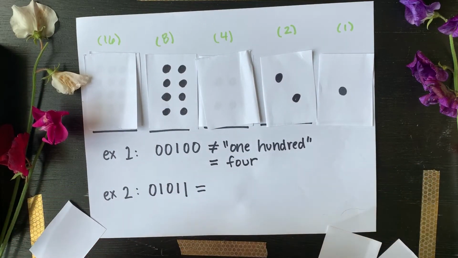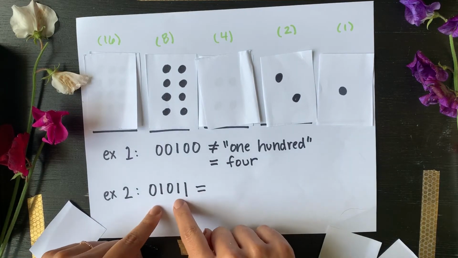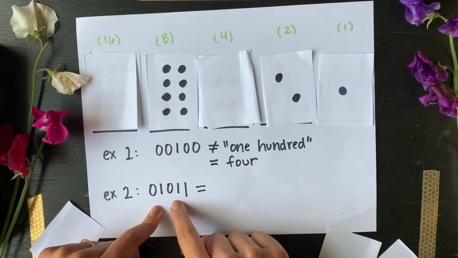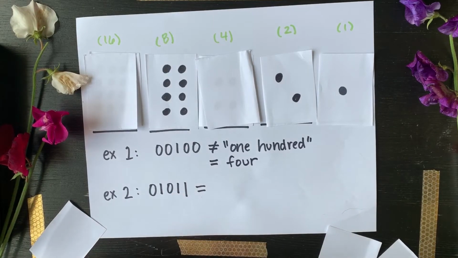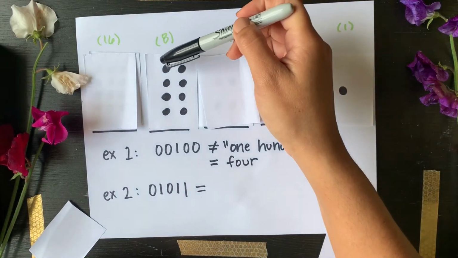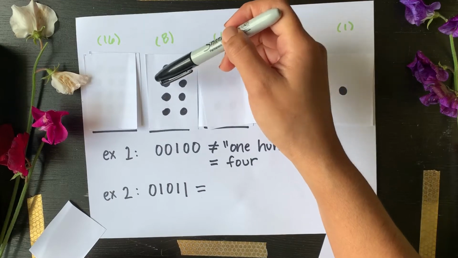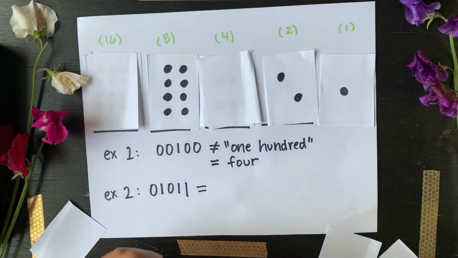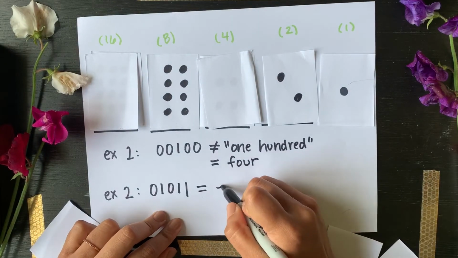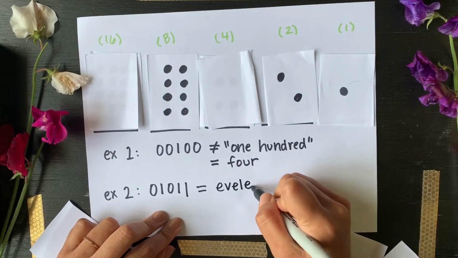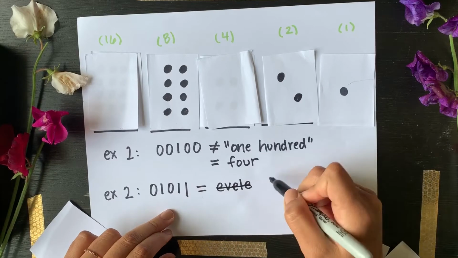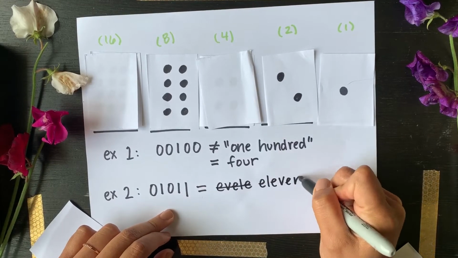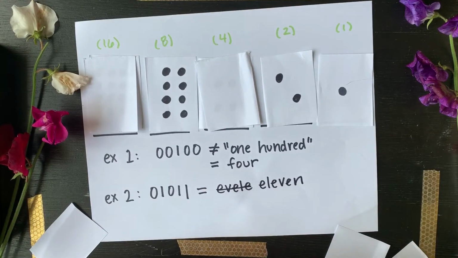Can you see the pattern yet? Can you guess what amount this binary number actually represents? So we have to count the dots. So here there's 8, 1, 2, 3, 4, 5, 6, 7, 8, 9, 10, 11. So this binary number represents the amount 11.